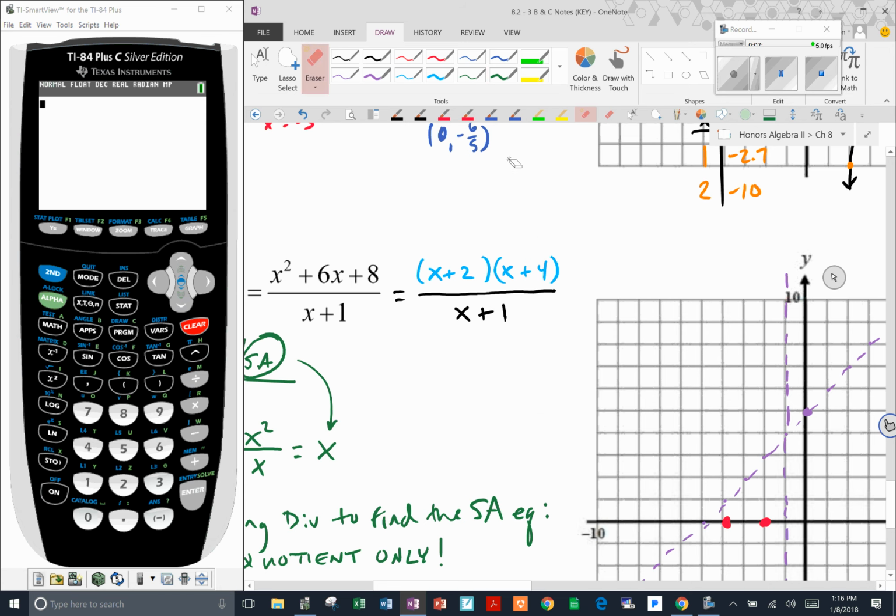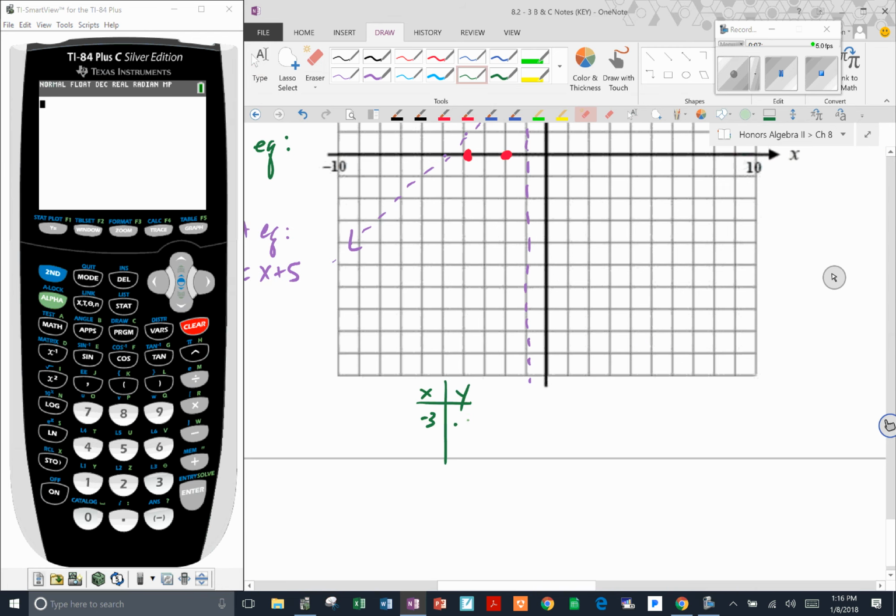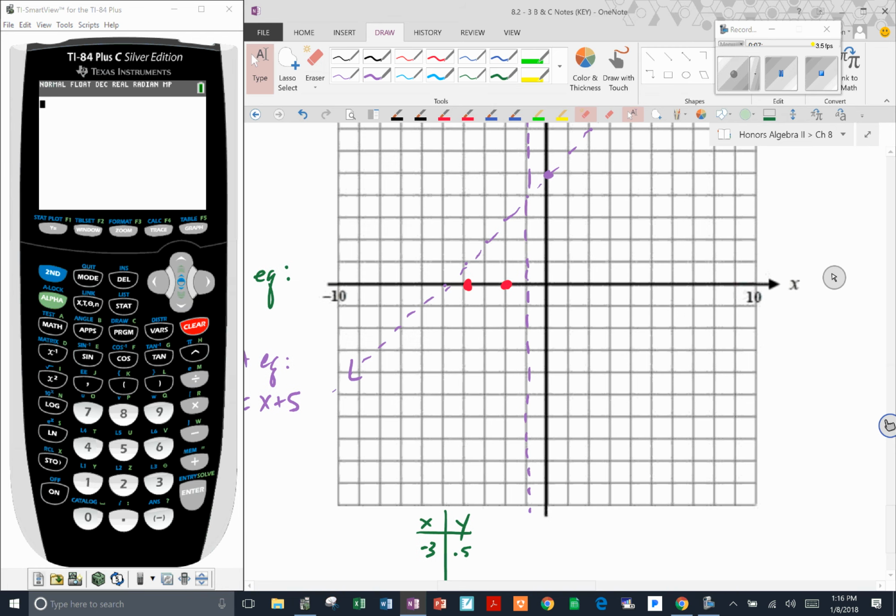So -3 gives you 1/2, 0.5. So here we got it right there. Now, is that the local maximum? I don't think it is. We'll find that local maximum in a second. But what I am going to do is graph this leg of this hyperbola here because I have a pretty good idea of what that looks like.